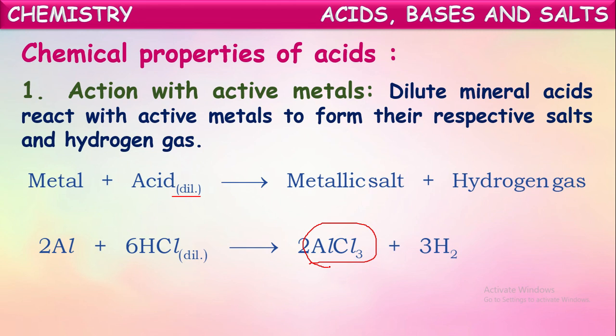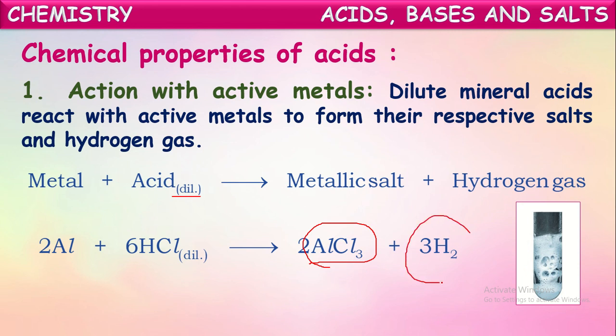This is one activity. So if you take some dilute acid in a test tube and drop a piece of aluminium metal into it, then you can see effervescence, bubbles coming out through the liquid. This is because of the evolution of hydrogen gas and the formation of salt. Okay.